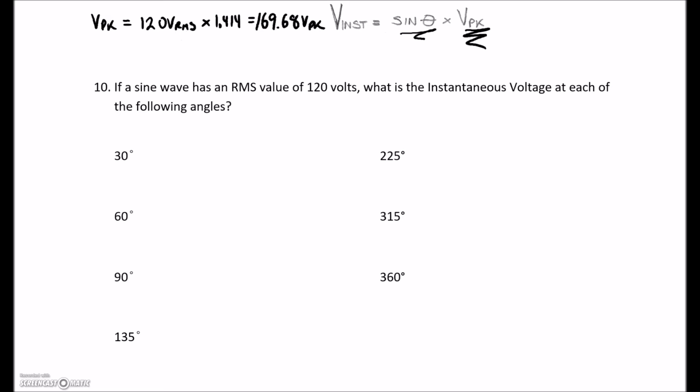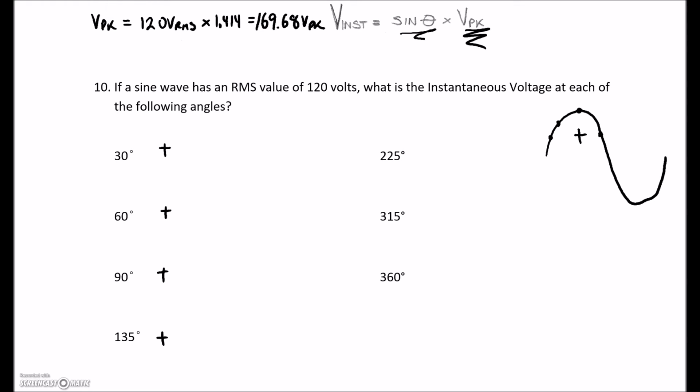Okay, if we draw out our sine wave here, then we can see each of these different angles. So at 30 degrees, that's going to be right there, and we know that's going to be a positive value. At 60 degrees, we know that's going to be a positive value, right? Because anything up here is a positive value. 90 degrees, 135 are all going to be positive values.